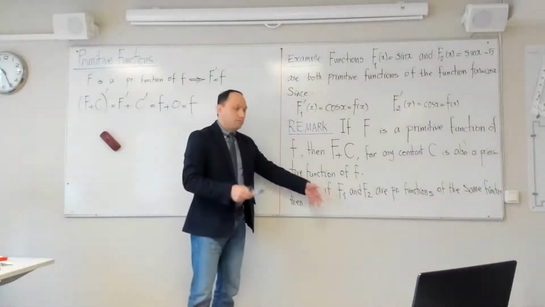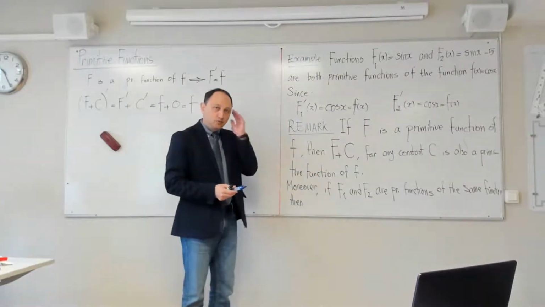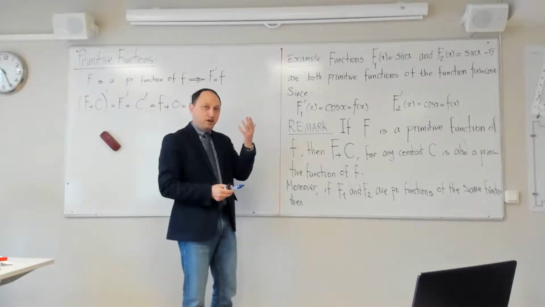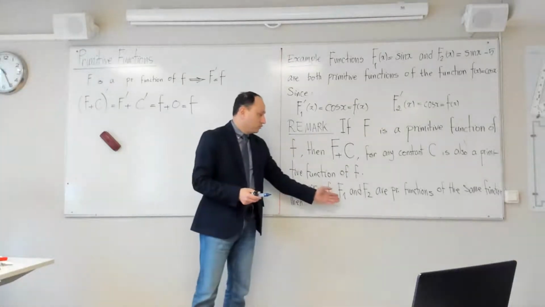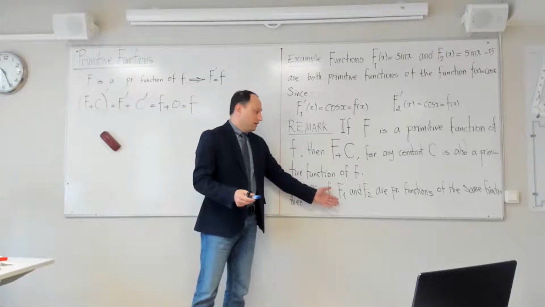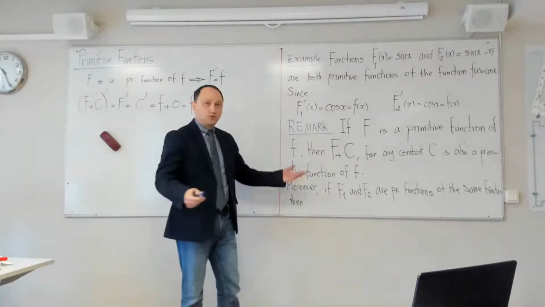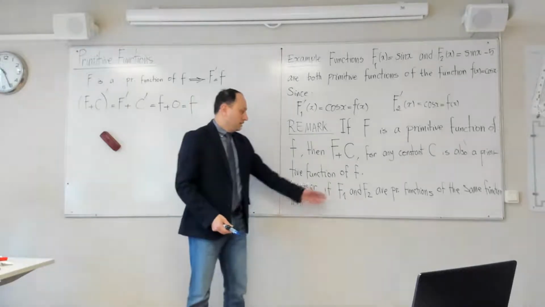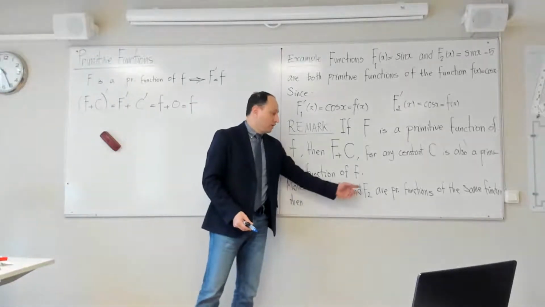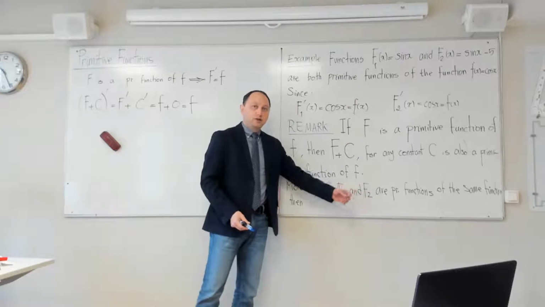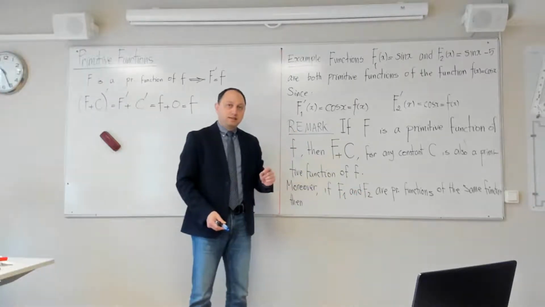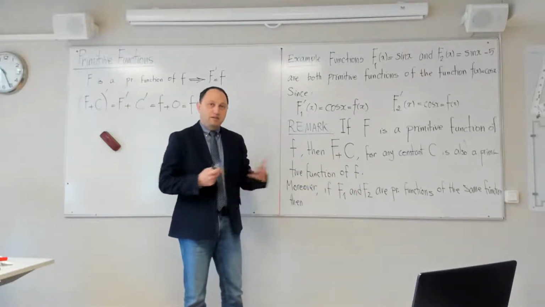If I imagine two functions, of course, you are simplifying it in your brain, but assume that in the bag of all possible functions, even those functions that you don't know anything about, I am claiming that if two functions are primitive functions of the same function, they cannot differ tremendously.